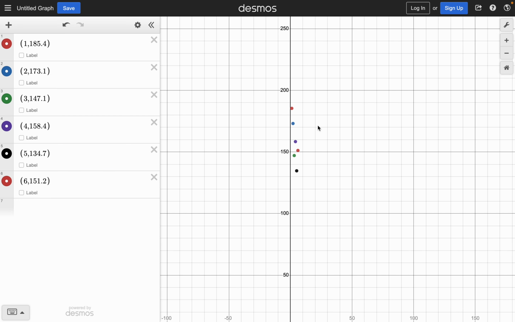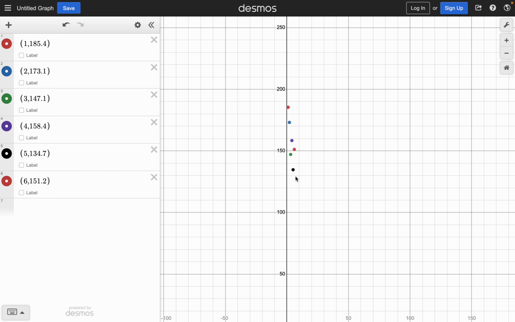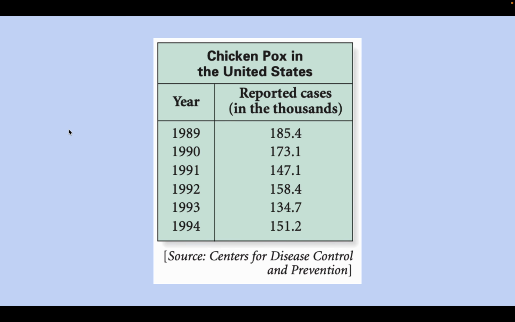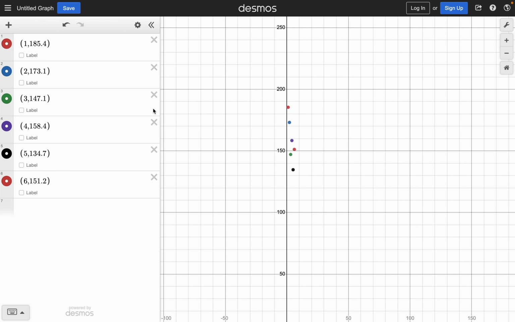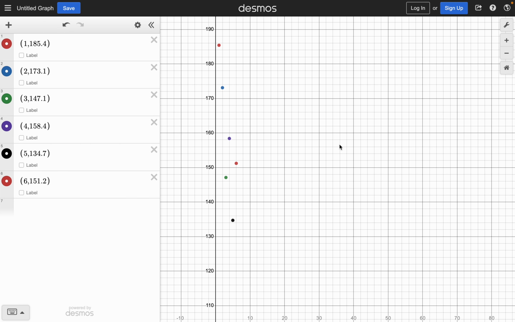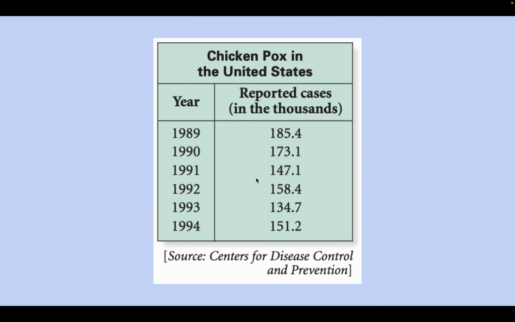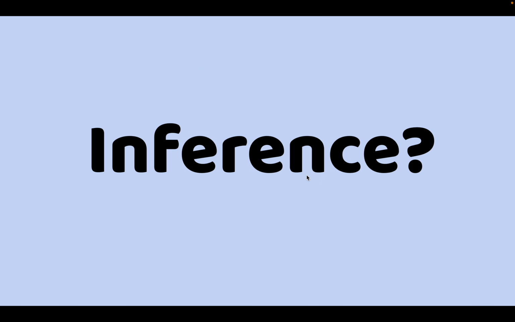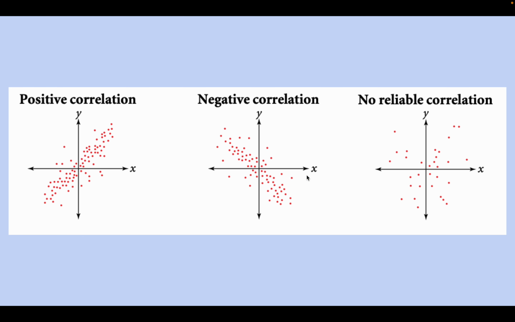As we can see, the graph looks like this, sloping down. So what we can do with this is make an inference. To make an inference, we need to look at these three.